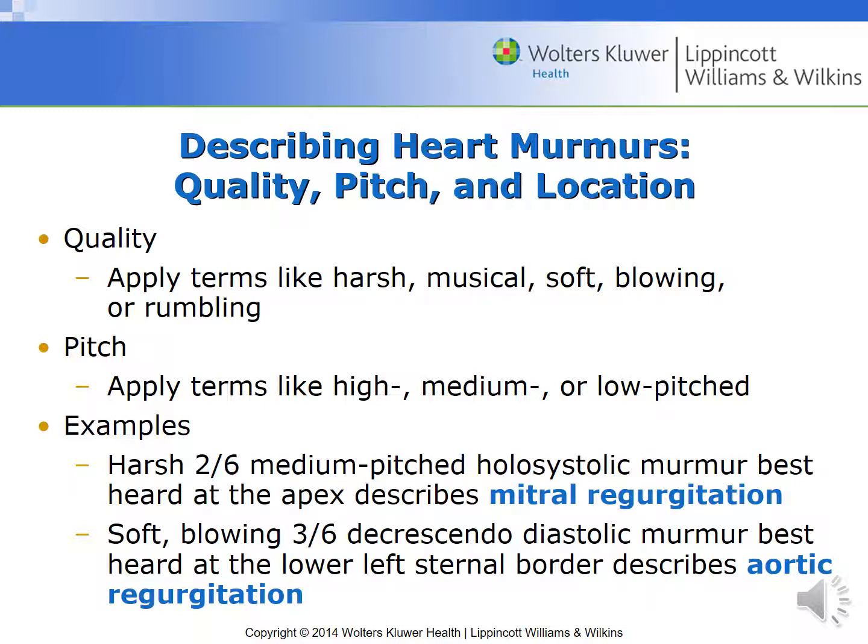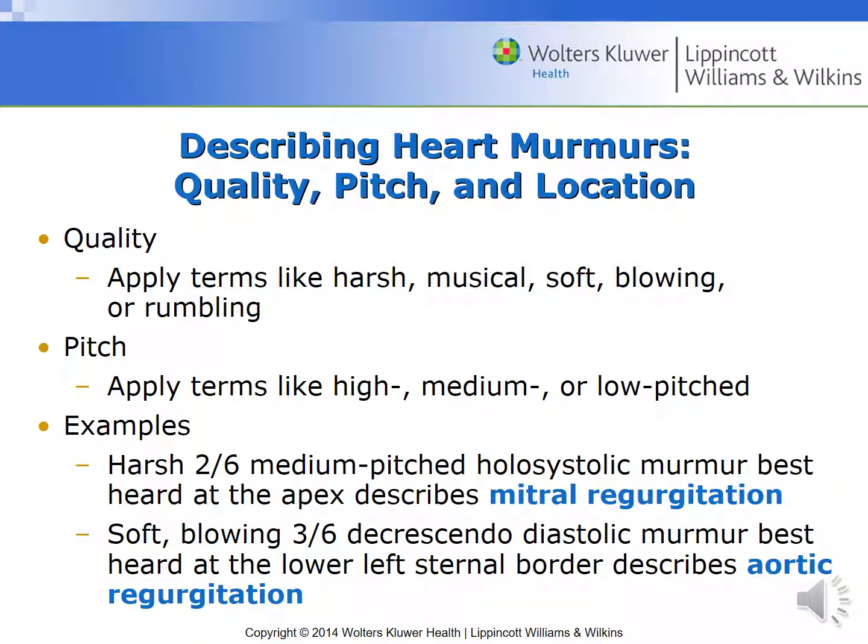In terms of quality, you're going to use terms like harsh, musical, soft, blowing, or even rumbling. Pitch is categorized as high, medium, or low pitched. This can also help you determine which side of the stethoscope you're listening with.